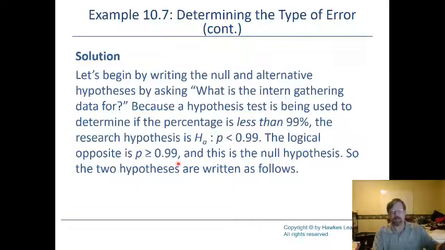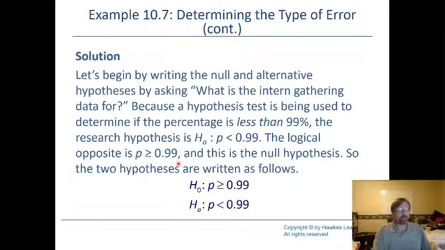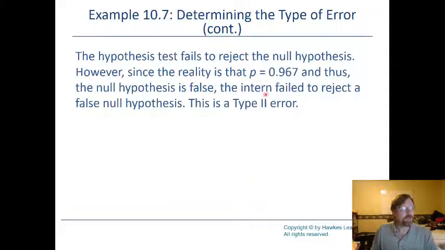So we can write those thus. So he has failed to reject the null hypothesis. In this case, our actual value that we somehow magically know is 96.7%. So the null hypothesis is false. He's failed to reject the null hypothesis, which is a type 2 error.